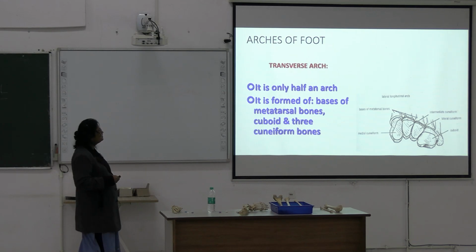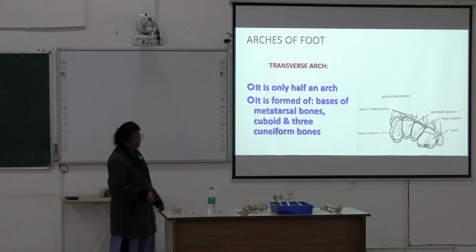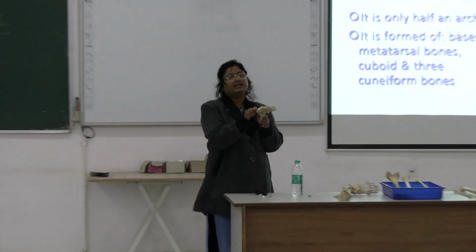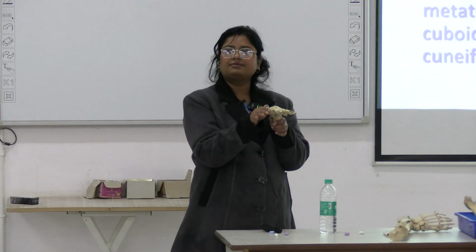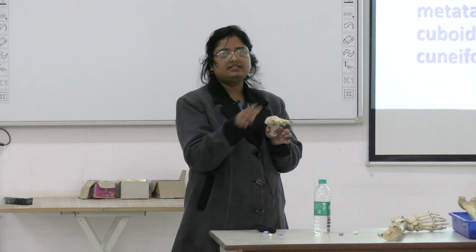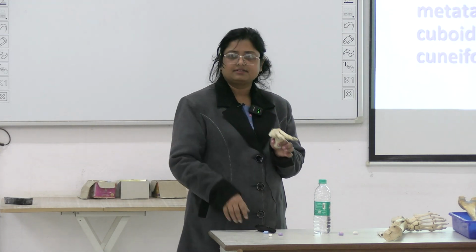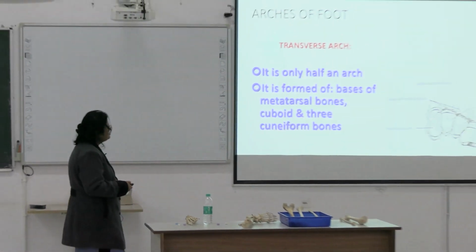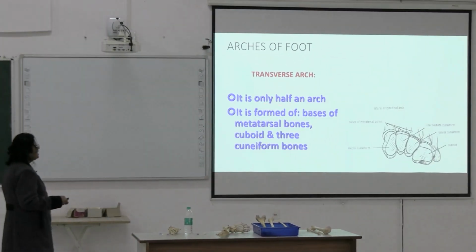We go to the transverse arch. It is a half arch. You can see this arch. This is half, and the other foot is forming the other half of the arch. So when you place two feet together, this transverse arch is complete. See here, it is only half of the arch.